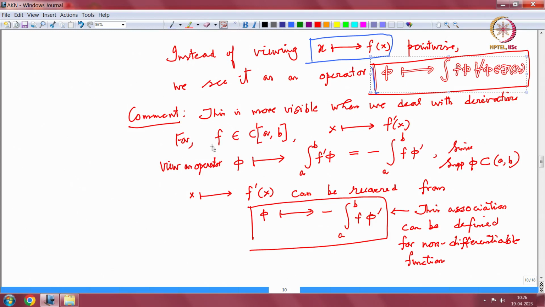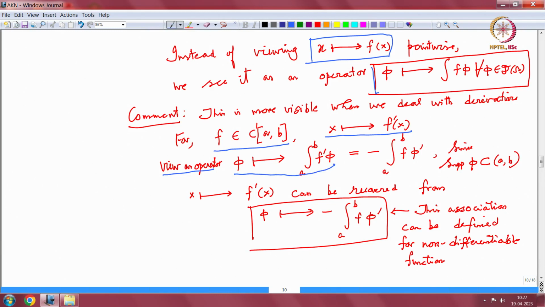So, we start with a function f which is C1. As a pointwise association, you have x going to f prime of x. But now we view it as an operator, namely phi going to the integral of a to b of f prime phi.